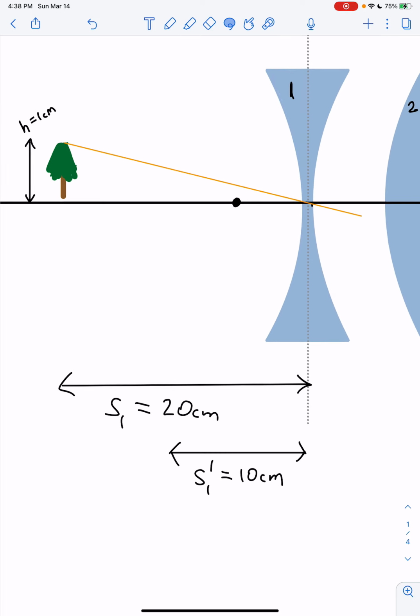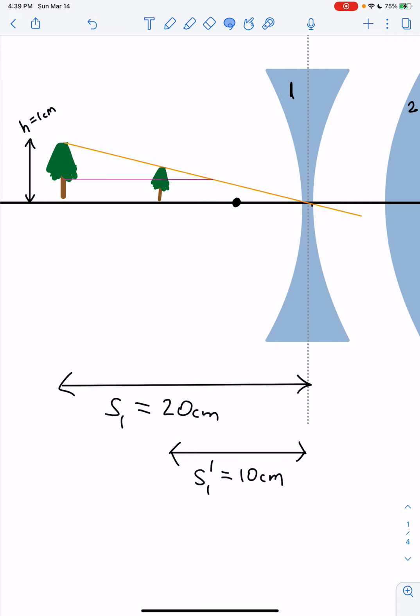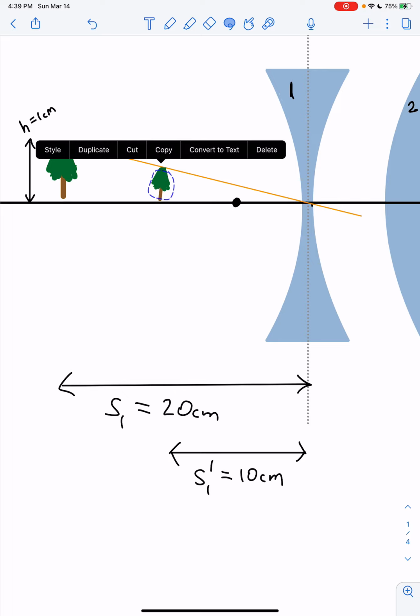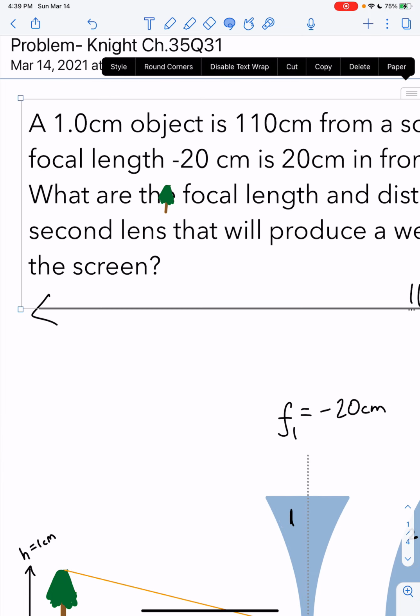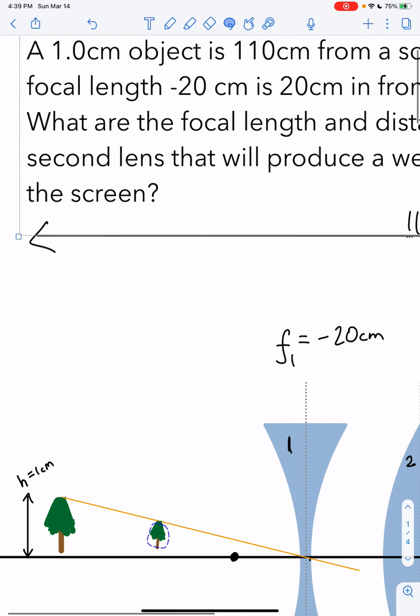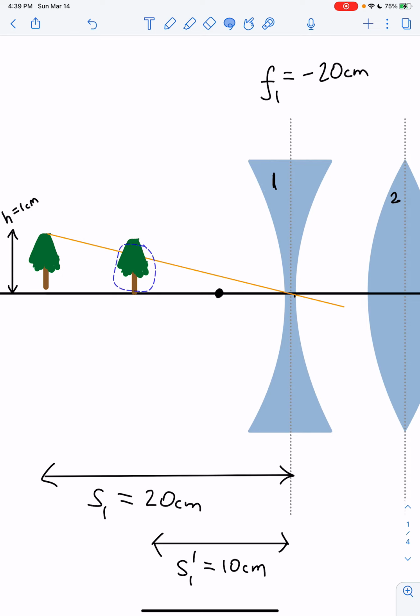So we know where it is, and we can draw this out approximately. Let's grab our tree and make a copy. We see already it's going to shrink down. So we're going to have this image right about there. I really don't want it to be angled. I think that's confusing. So maybe I'll try this again, try not to angle it.